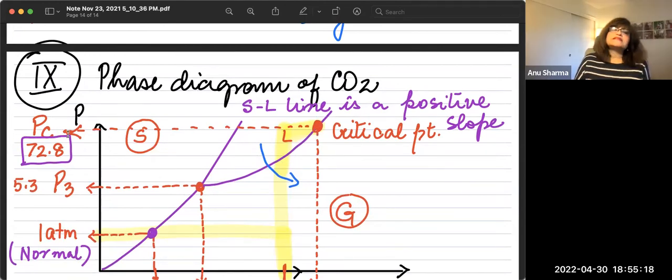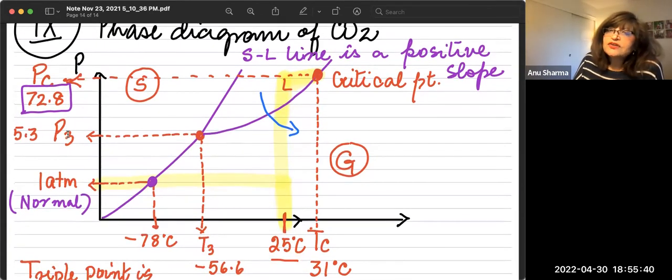So what happens is that at a pressure of 72.8, inside the capsules of fire extinguishers, we have liquid carbon dioxide. So liquid carbon dioxide at a pressure of 72.8 is extremely pressurized at that temperature, right?